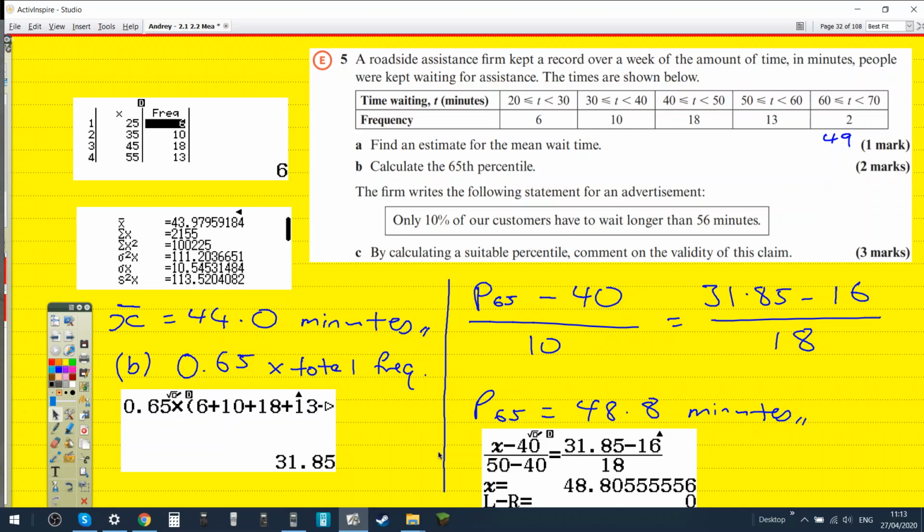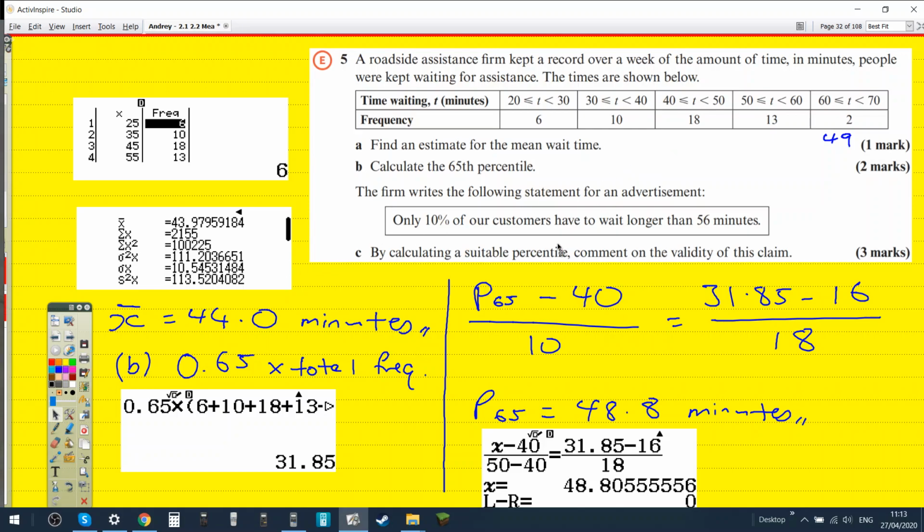Wait, do I have to do 44.1 instead of 31.85? Yeah. Okay. Yeah, it gave me 48.8.